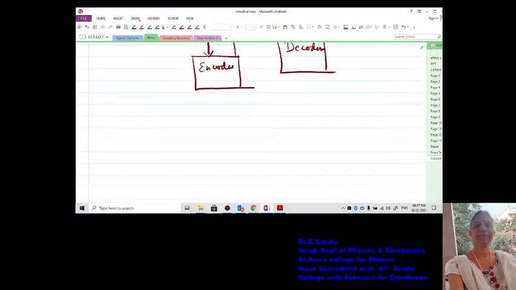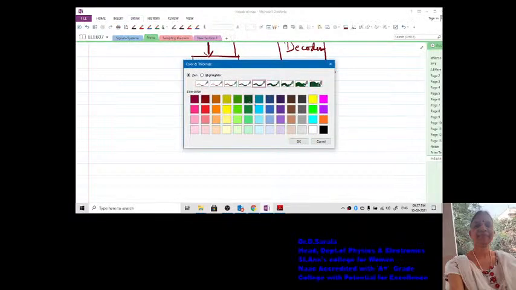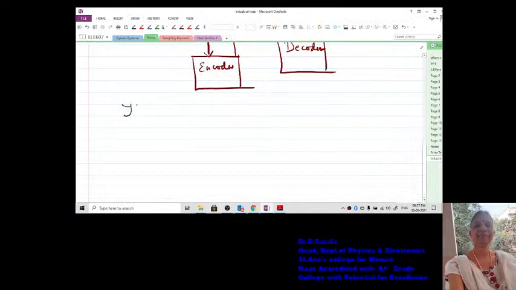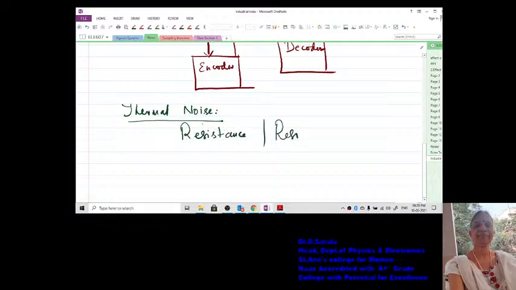The internal noise that we are talking about can be thermal noise, which is the noise generated in resistances or resistive components.